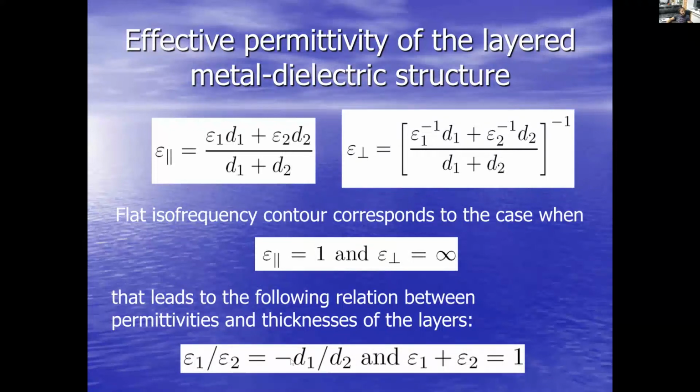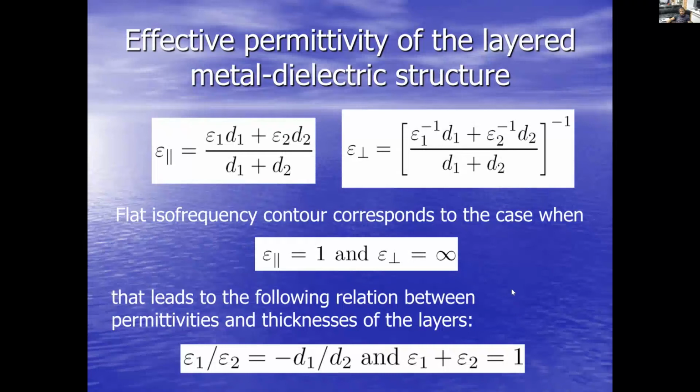First, epsilon 1 divided by epsilon 2 should equal minus d1 divided by d2, where d1 and d2 are thicknesses of the layers. This gives you a hint that as soon as thicknesses of the layers are real numbers, either epsilon 1 or epsilon 2 should be negative. So you have to use dielectric and metal for the visible domain. And also epsilon 1 plus epsilon 2 should be equal to 1.